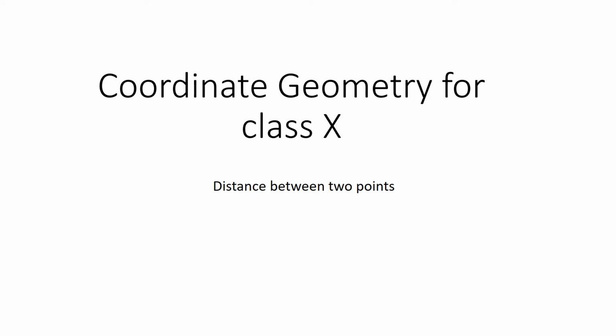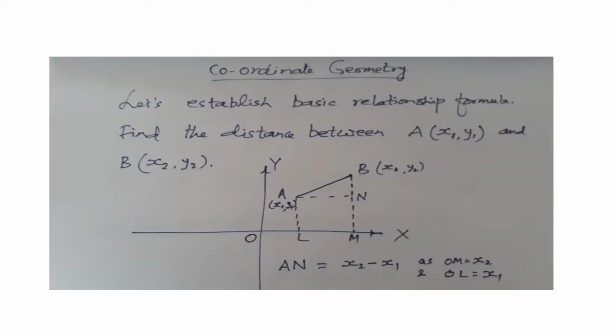We will find the distance between 2 points. Let us see here. In this diagram, we are defining 2 points A and B. A has coordinates x1, y1, whereas B has coordinates x2, y2.